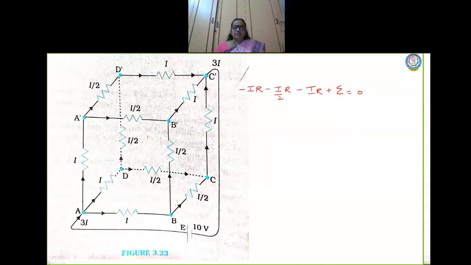Here capital R represents the resistance of each edge, and psi represents the EMF of the battery. Thus when I simplify this equation: minus IR, minus IR by 2, minus IR, plus psi is equal to 0.